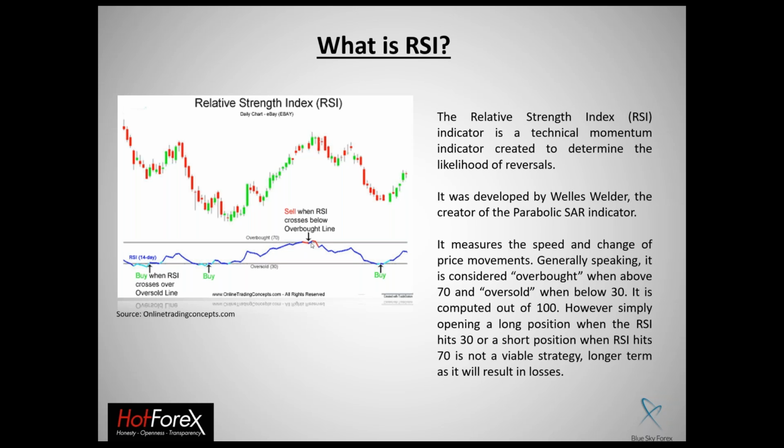It might work out at some point in certain market conditions, fine, but it will not work out longer term because the price can keep on trending in a certain direction for a very extensive amount of time. So the RSI can show you extreme overbought and extreme oversold conditions for quite a long time as well.